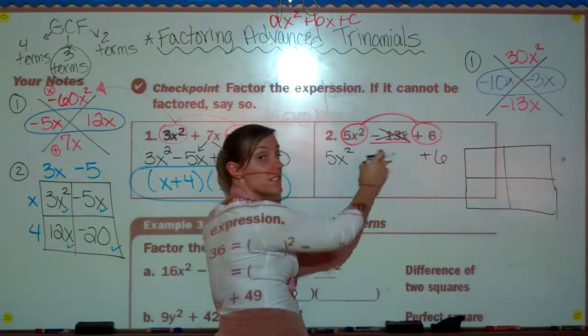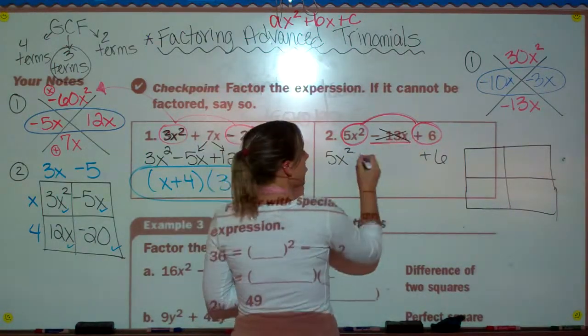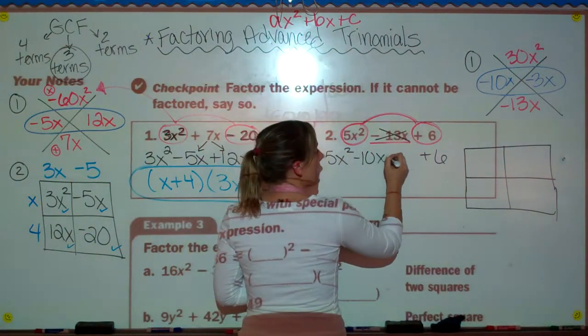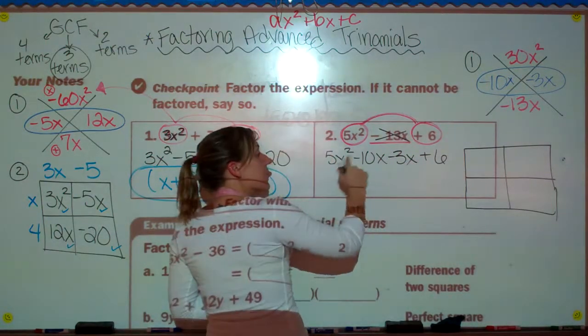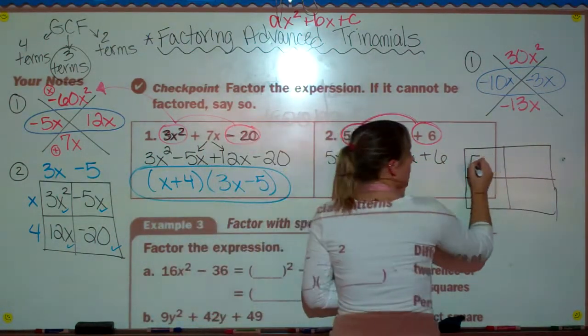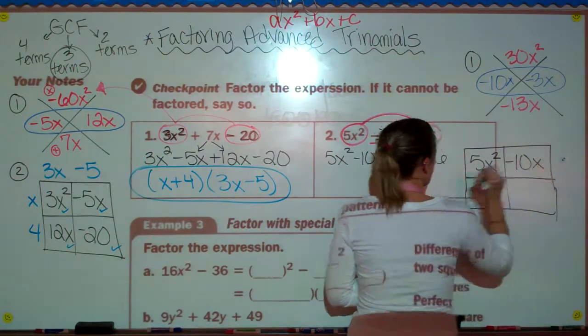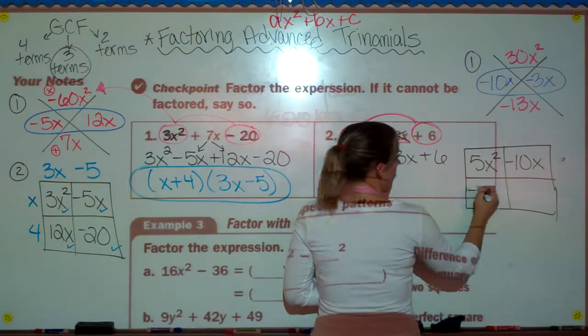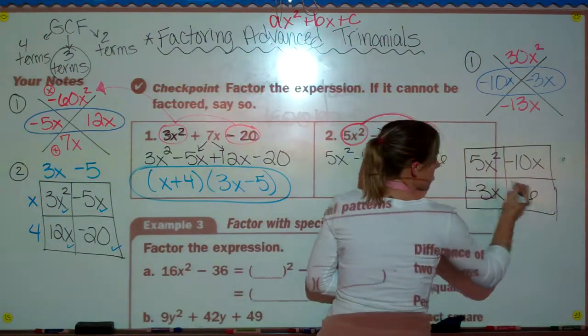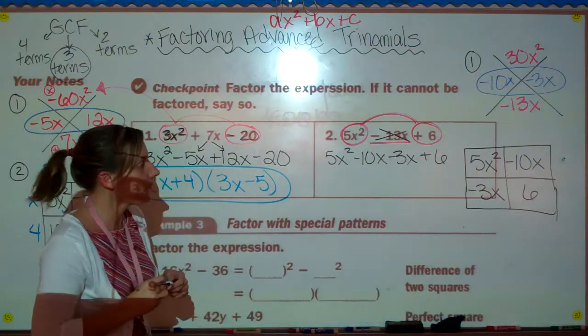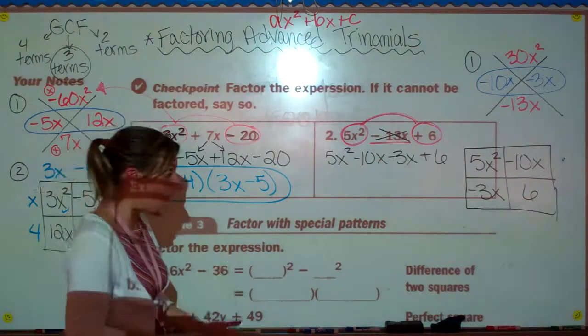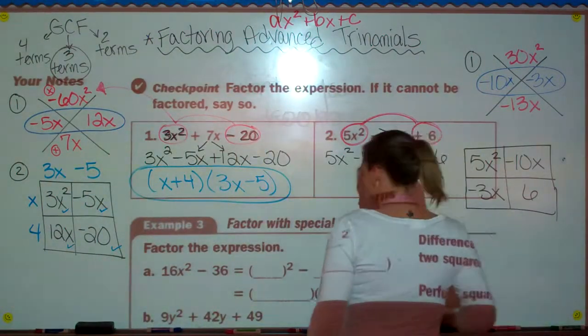And the middle, since I'm breaking it into 4 terms, is now negative 10x and negative 3x. So these are the 4 terms I'm going to put in here: 5x squared minus 10x minus 3x and 6. Okay? So now I'm going to look for GCF in each row and each column.